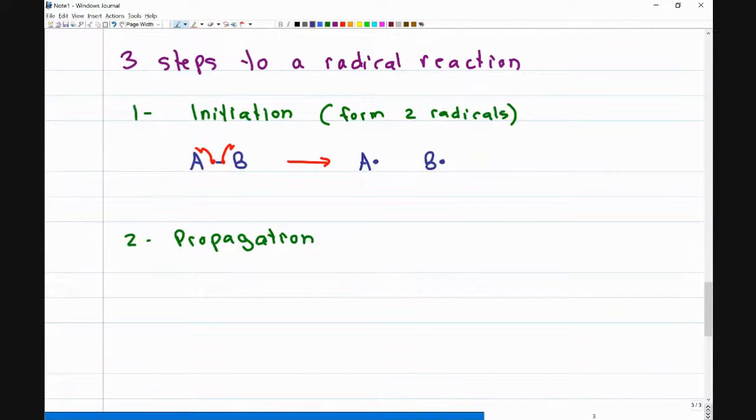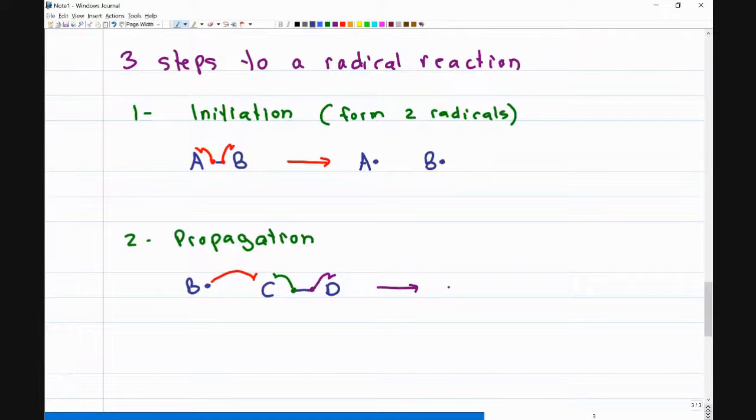And this is what happens when one radical attacks a non-radical to give you another radical. So let's show what that looks like. If I have radical B from the last step, and it comes upon molecules C and D, radical B will attack C. C will donate one of its electrons so it can form a bond, and D will break away.